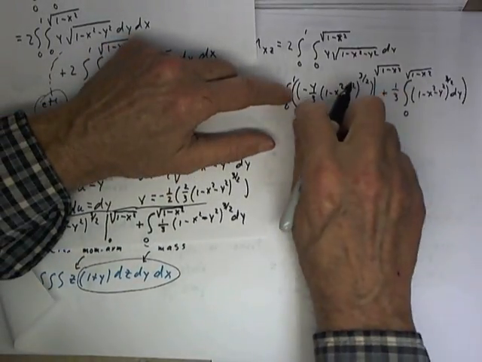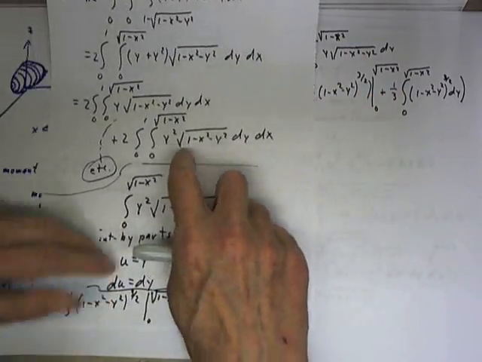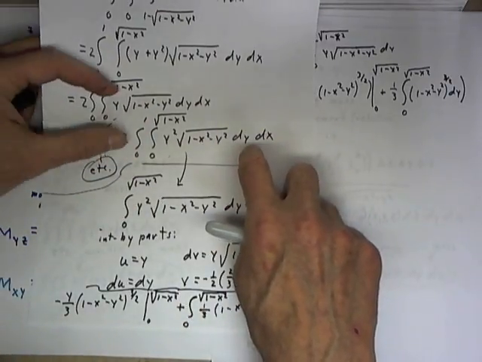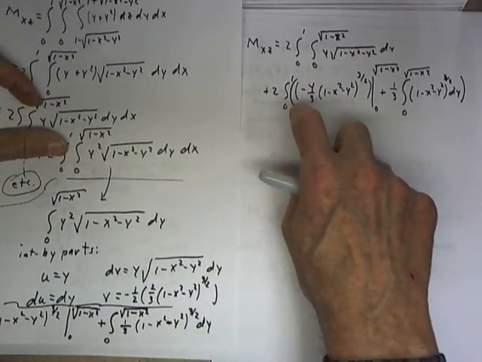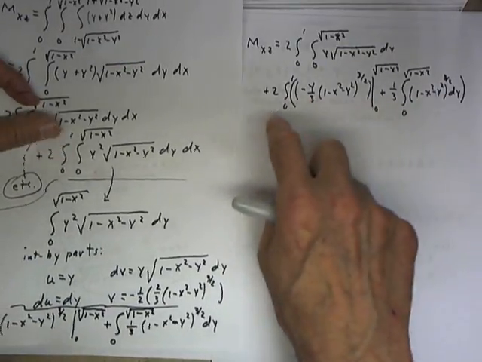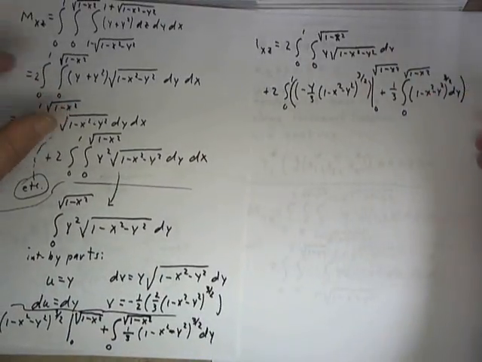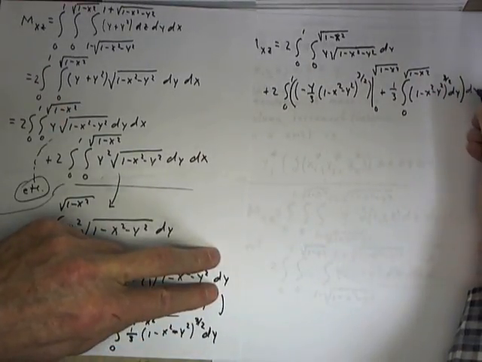Okay, that takes care of this y integral. So this y integral gives us all of this. And it's then 2 times the integral from 0 to 1 with respect to x, which we've already written, except we haven't written the dx.